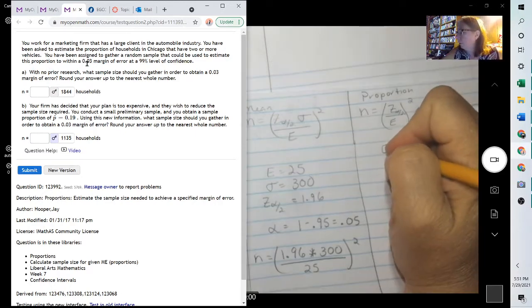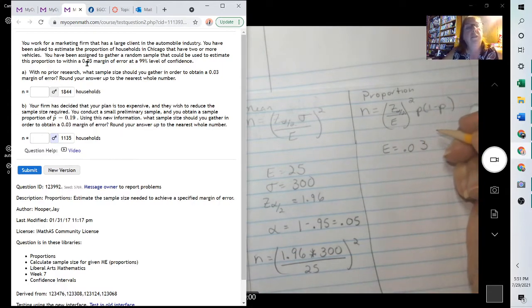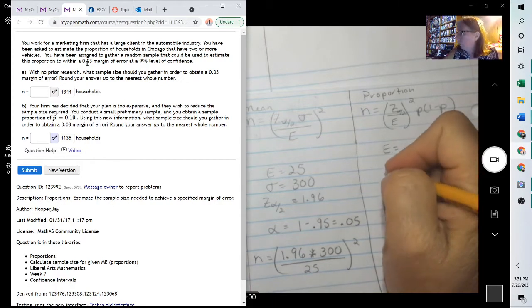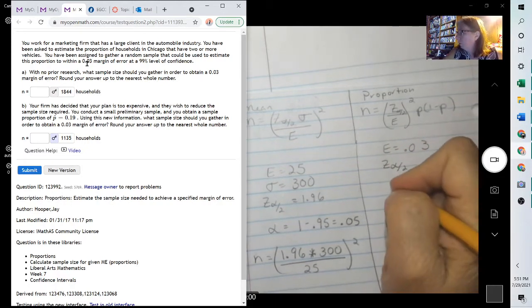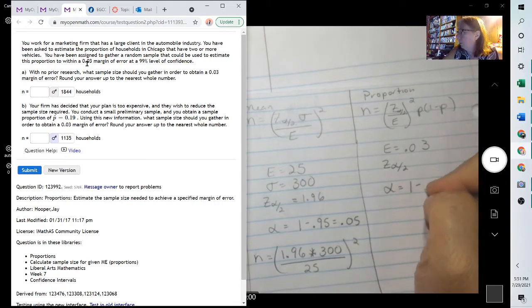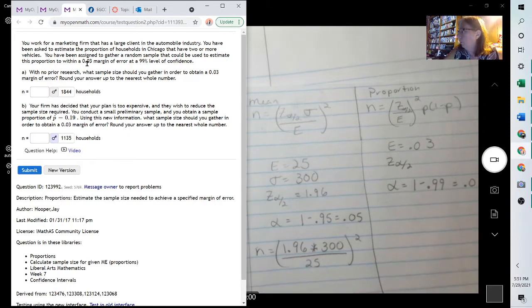That's our error. With a 99% confidence interval, we'll need Z alpha over 2, so alpha, 1 minus 99%, is going to be 0.01. With no prior research, what sample size should you gather in order to obtain 0.03 margin of error?